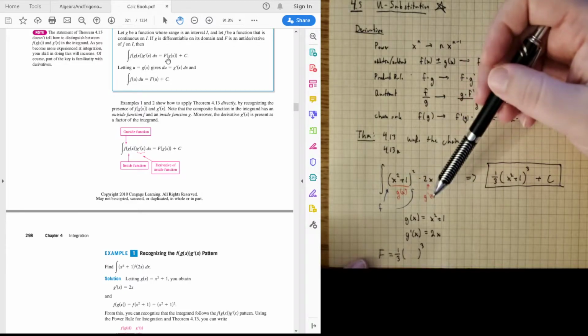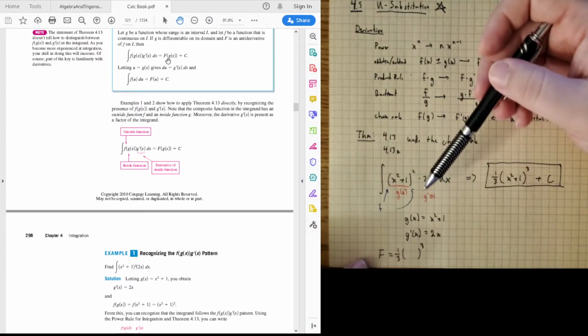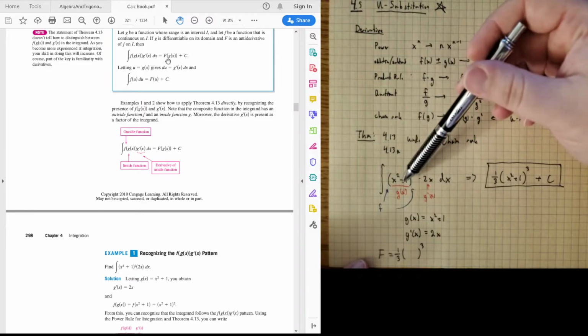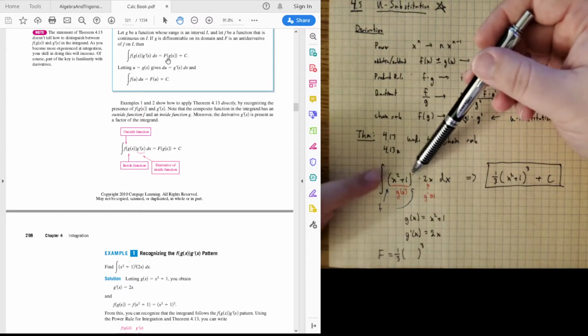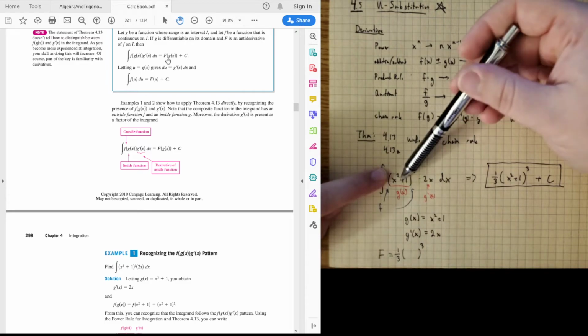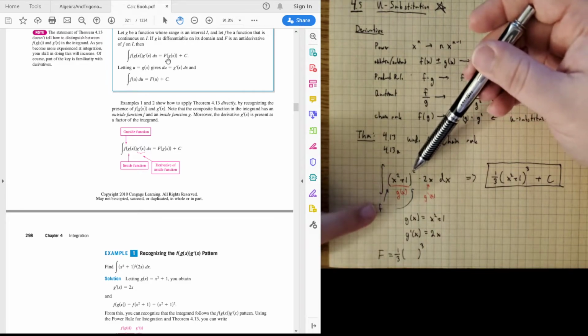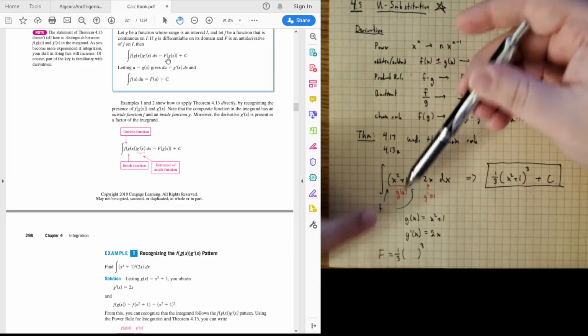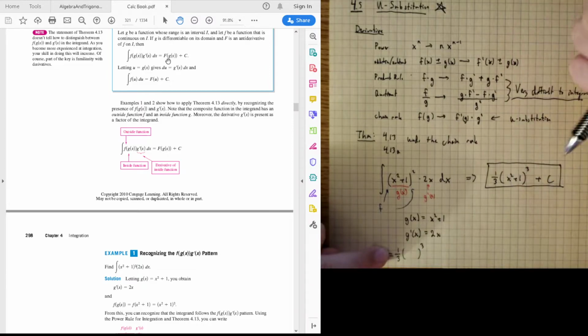As long as I have that, I have this really cool property, which states that anytime you have this derivative, according to Theorem 413, we can essentially ignore these two components of it and just integrate the outer part of that function. And when I integrate the outer part, I get 1/3 of that function, leading us here.